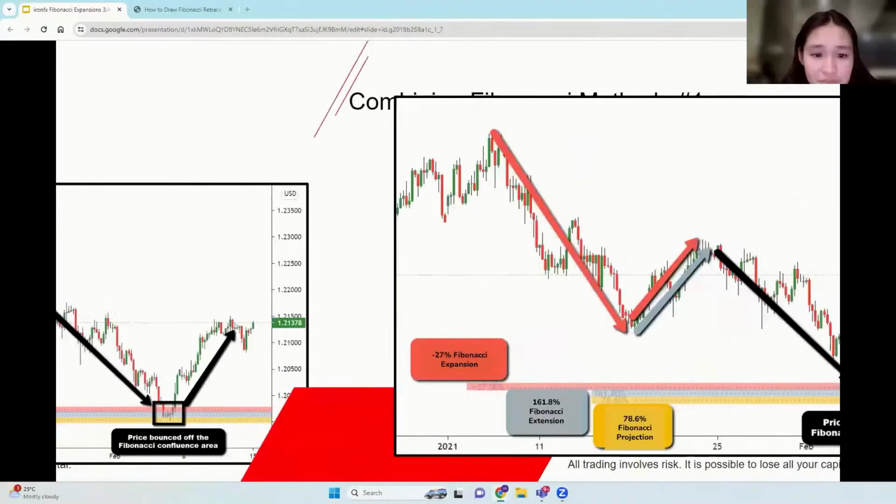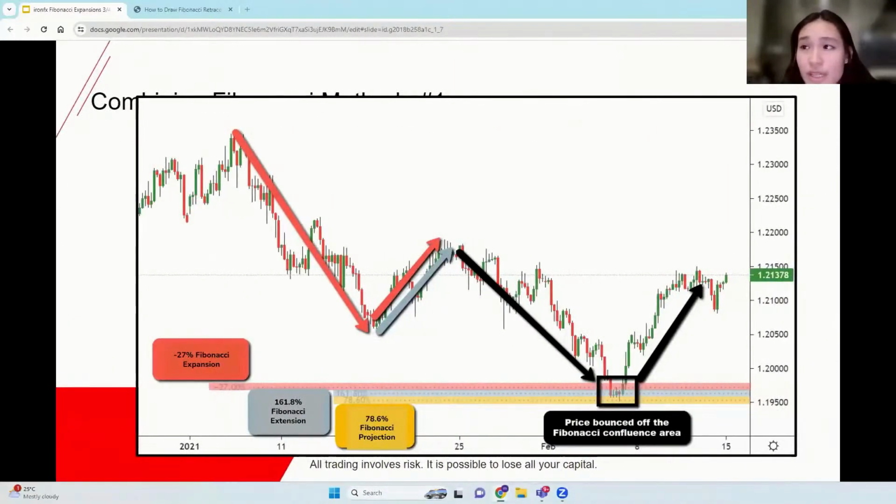Okay, let me zoom into the example. If you look at the red arrow, you can see a pretty obvious lightning bolt shape over here, right? So the red arrow is our minus 27.2% Fibonacci expansion that we talked about today. And then our Fibonacci extension, which we talked about last week.